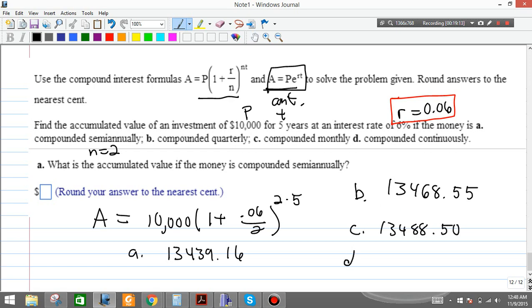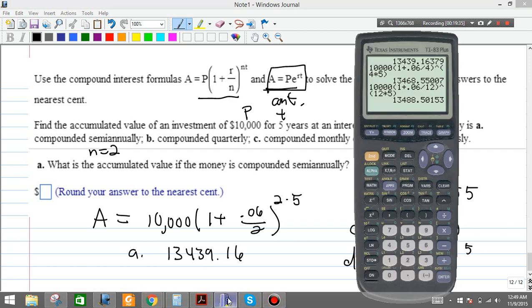And then for D, we'll do it continuously, and that means a completely different formula. That's going to be A equals 10,000 e to the interest rate, 0.06, times 5. So remember the exponential button where it is on the calculator. It's right here. Well, first of all, we need 10,000.